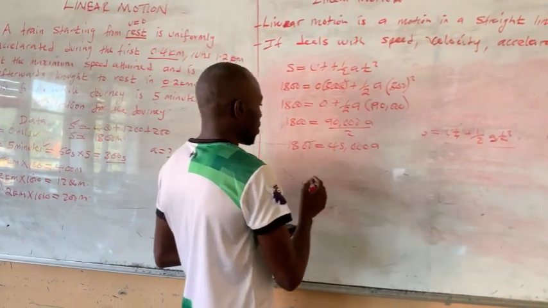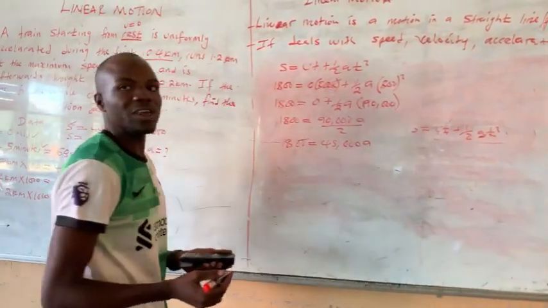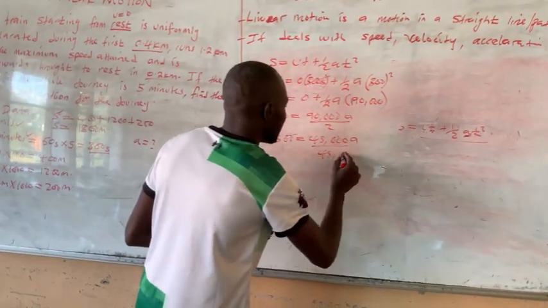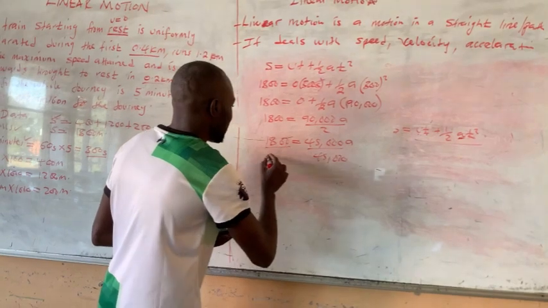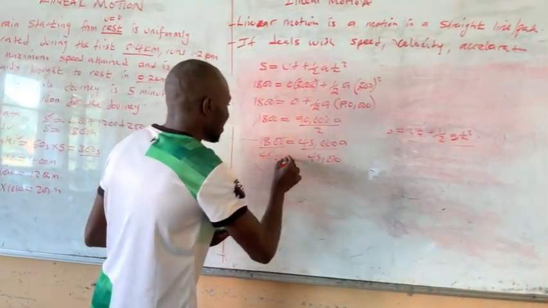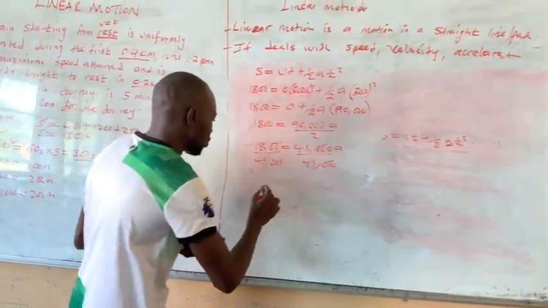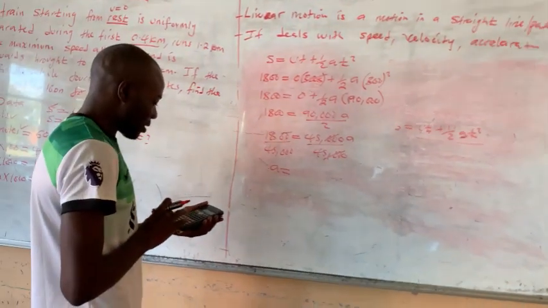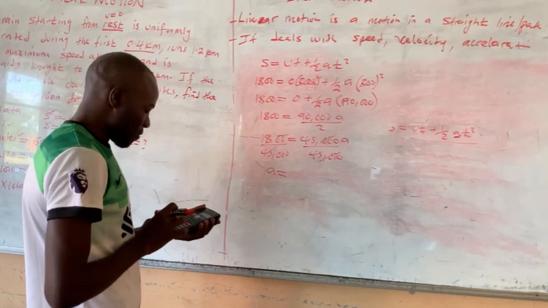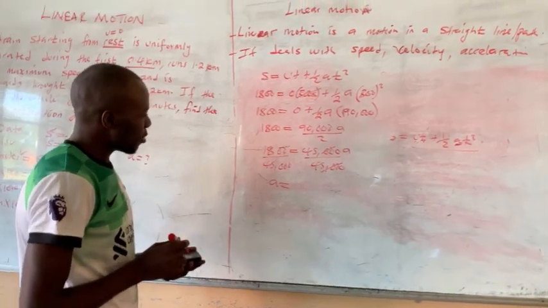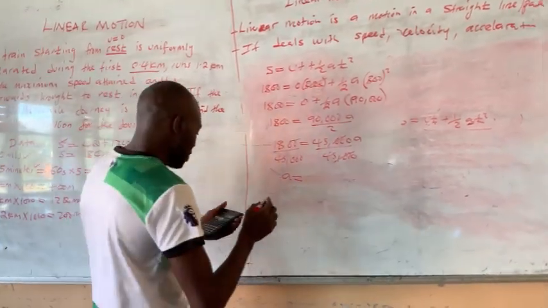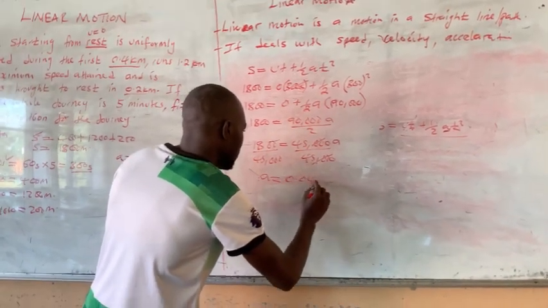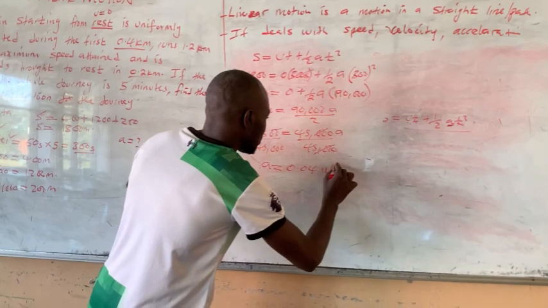Now we want to find the value of a, which is the acceleration. So you divide by 45,000. Here also 45,000, so that one and that one go. So a is equal to 1,800 divided by 45,000, which gives me 0.04 meters per second squared.